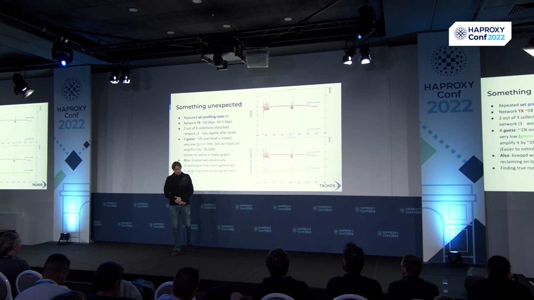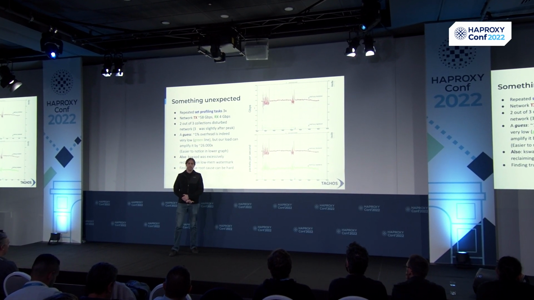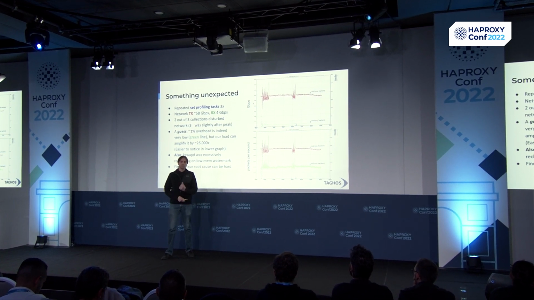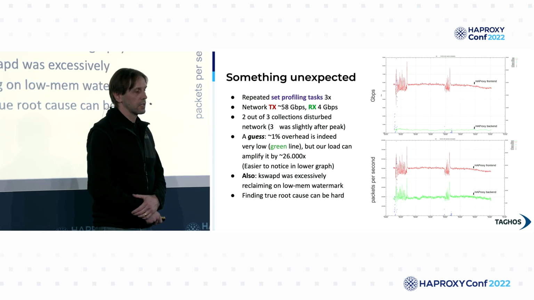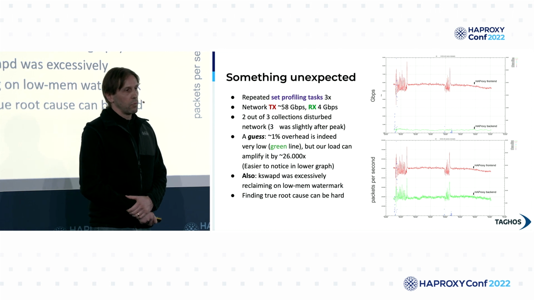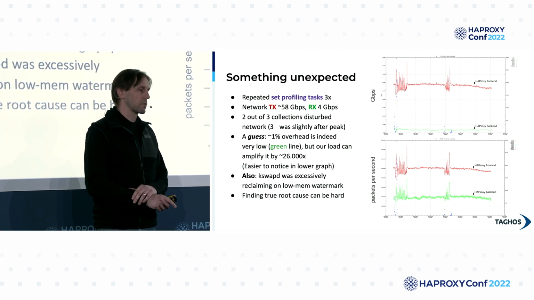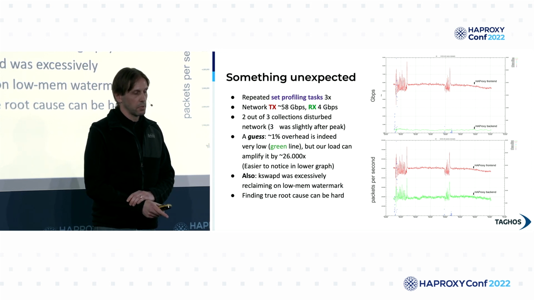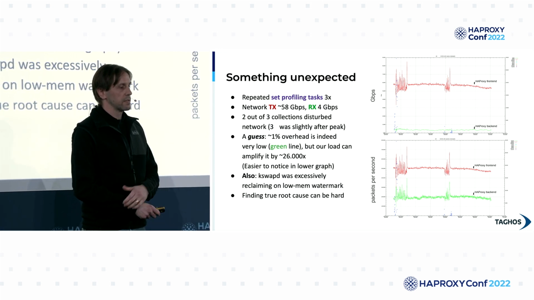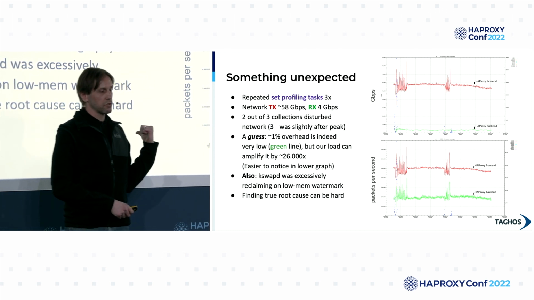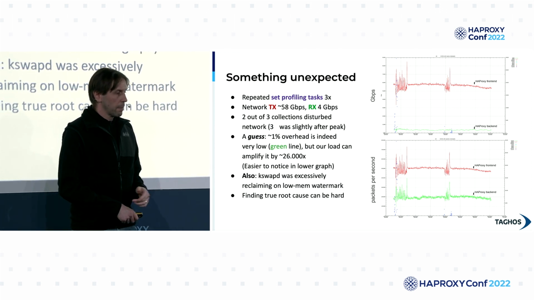In 2 of these data collections, it was very clear from the SAR data, which is these graphs, where we started and stopped, because there were these disturbances, but only on the first 2 data collections, not on the third.